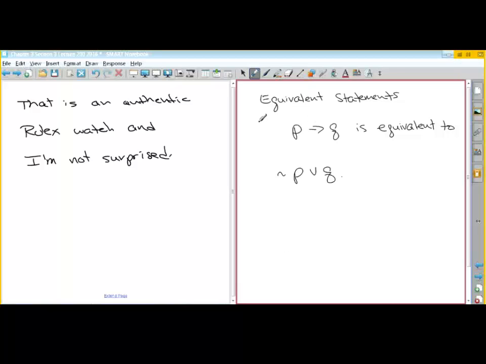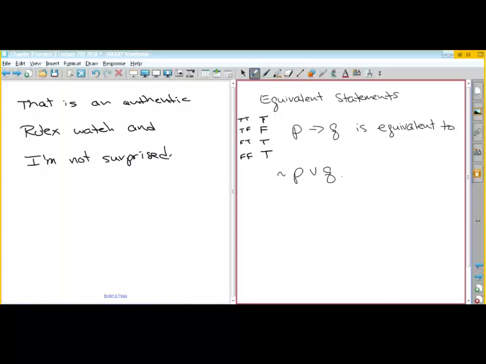And we already know what the truth table looks like for this because we've just talked about it. Remember, the truth table for this was true, false, true, true. That's because the first 2 columns, we have true, true, true, false, false, true, and false, false.